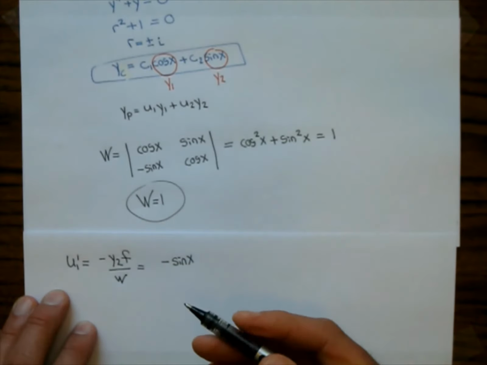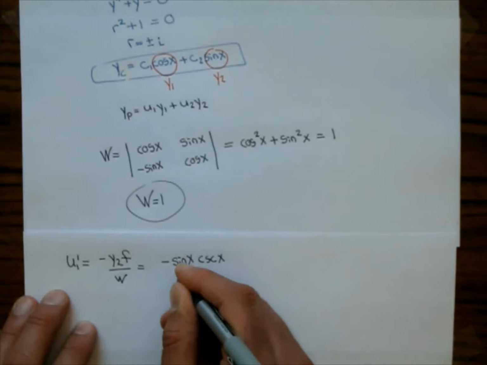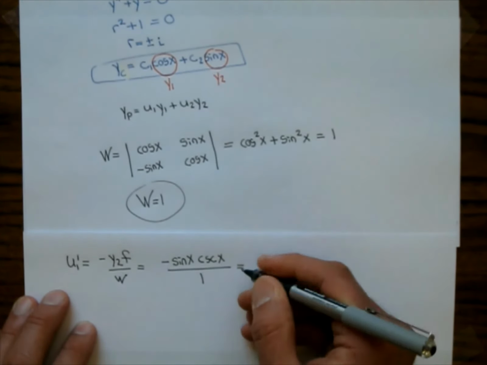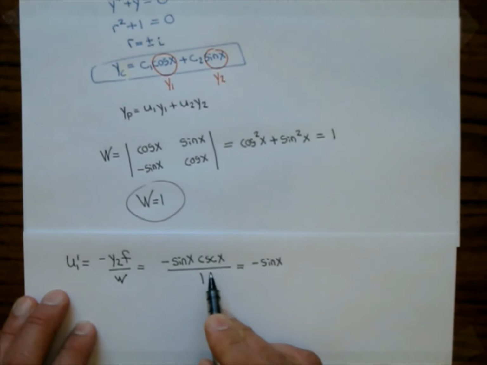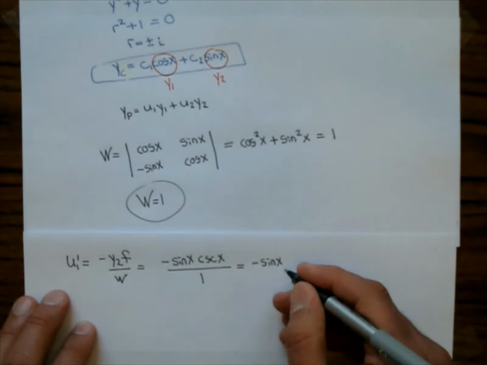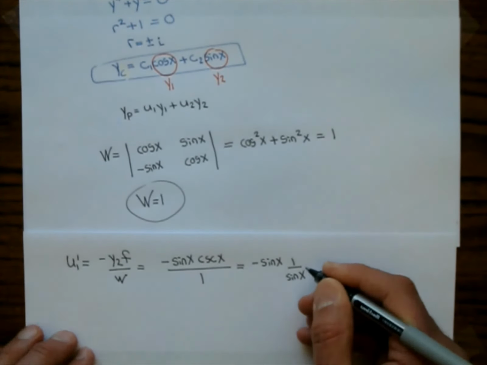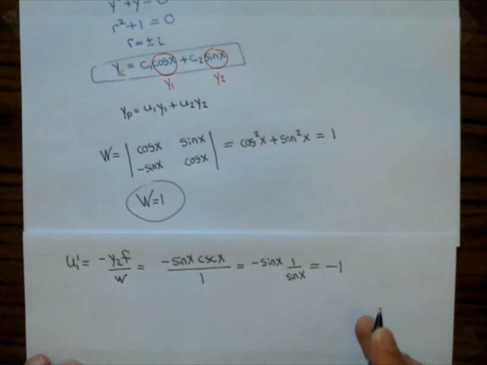F is the cosecant. You can look back and see that. The cosecant x. And the Wronskian is 1. Now, look what we have here. We have negative sine x, and if you remember your trig identities, the cosecant can be written as 1 over sine x. So our u1 prime is actually going to equal negative 1.